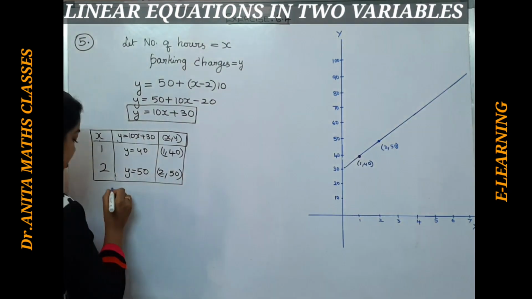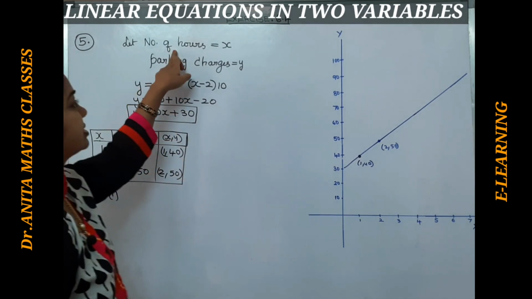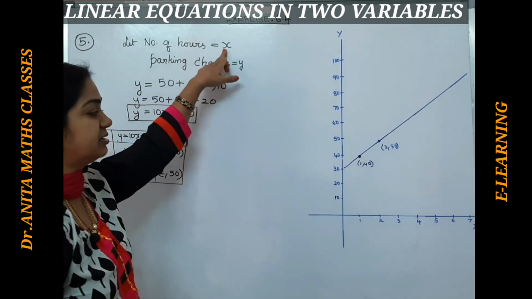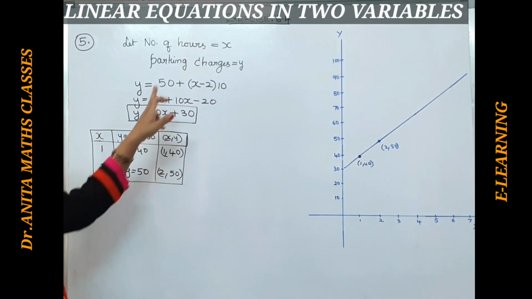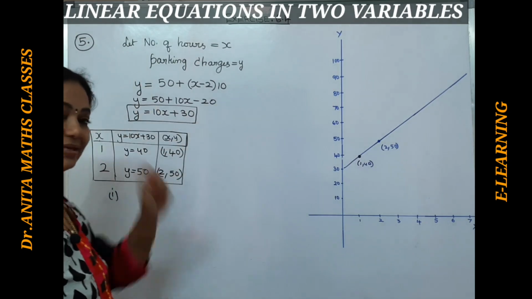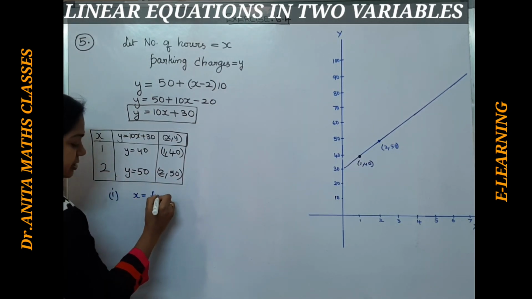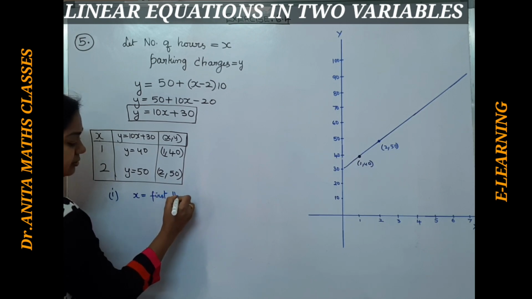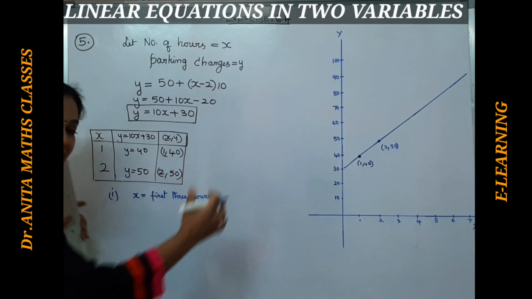Now from this, the questions are asked. The first question is for the first 3 hours. Here hours are x. For the first 3 hours, how much are the charges? So we need to find the y. x is given as 3 hours, so from the graph we should know.